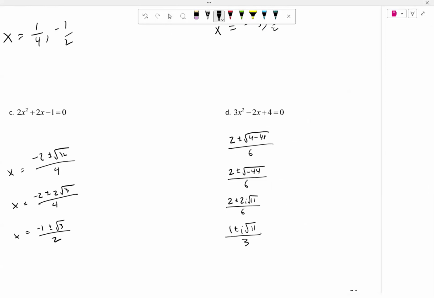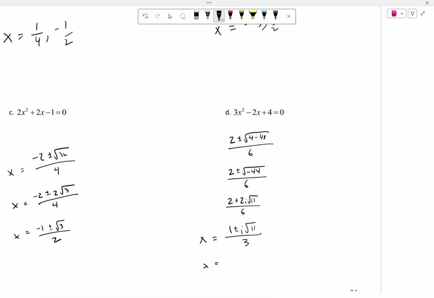Do we agree? Don't forget, what's missing? x equals this. Any questions? Yes, Jojo. We have an imaginary number here, so instead of having an imaginary divided by a number, let's split it into two numbers.